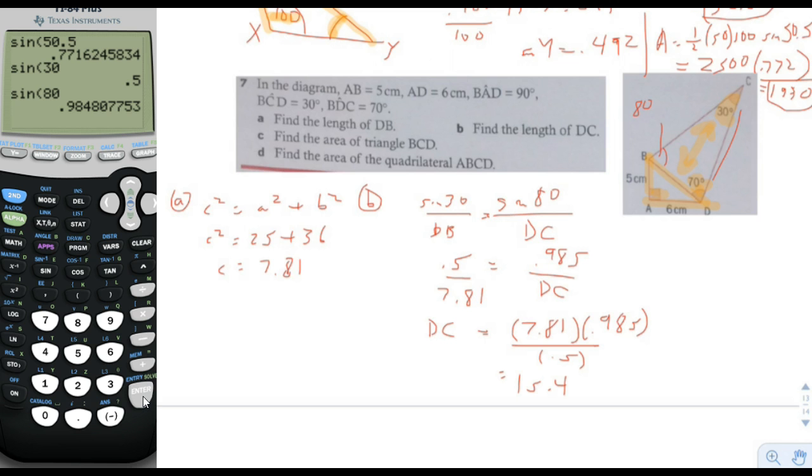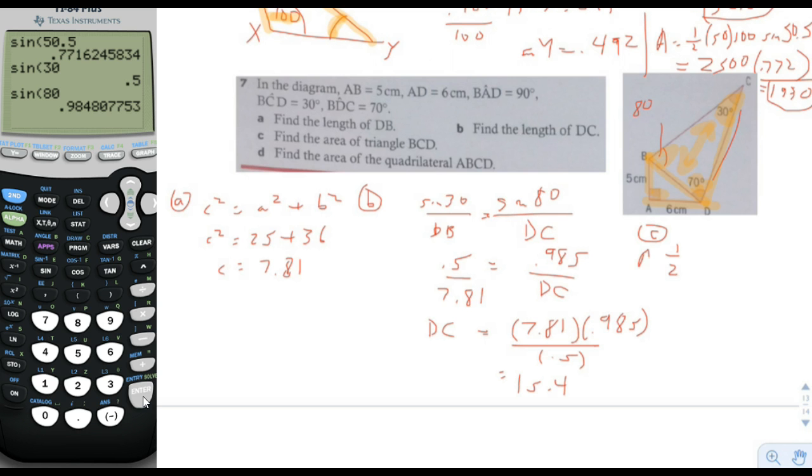Okay, now C. Find the area of triangle BCD. Okay. Now, do we know enough to do that? Let's see. Now we know that side too. We know this angle too. So we do, because we know two sides and the included angle.